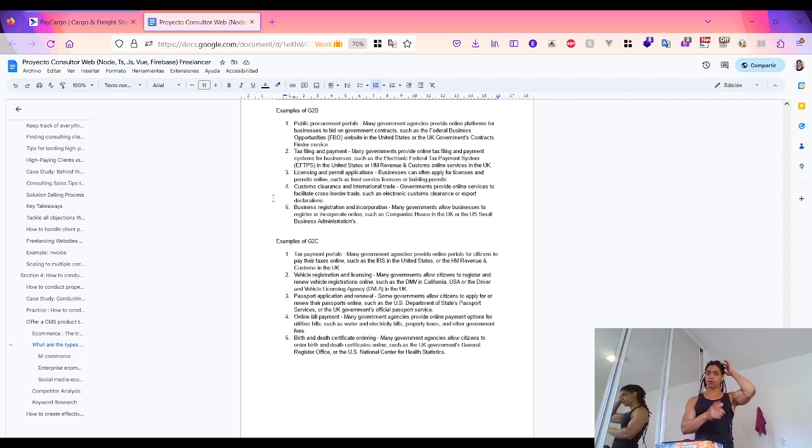And ordering birth and death certificates, such as the UK General Register Office, or the US National Center for Health Statistics.